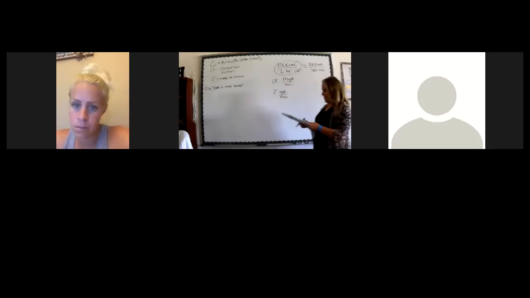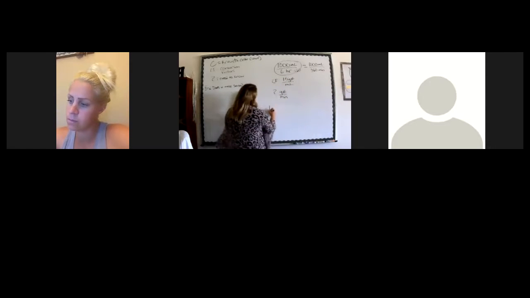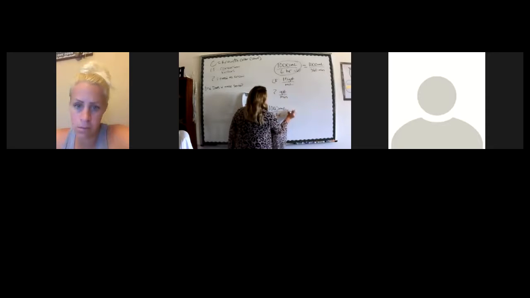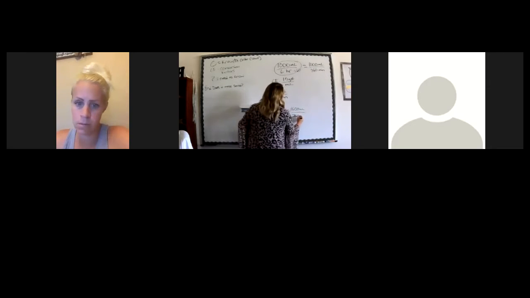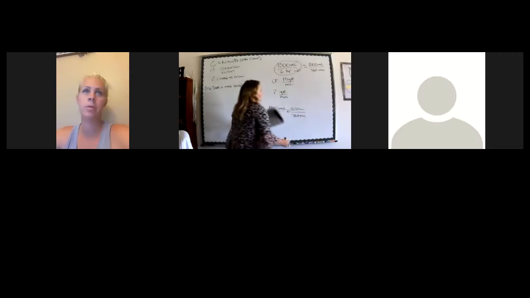If you want me to actually set up the conversion factor, you would do it like this. 1,000 mils in 1 hour. I'm going to keep my 1,000 mils. That's going to be 360 minutes.